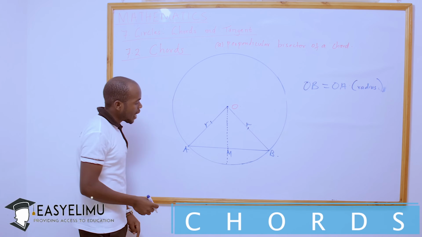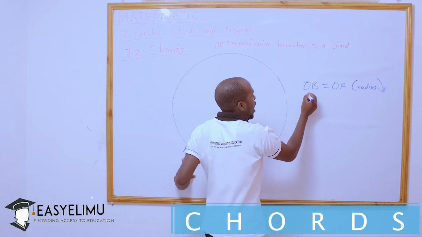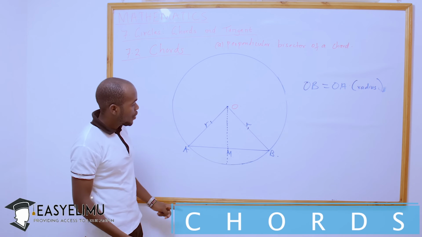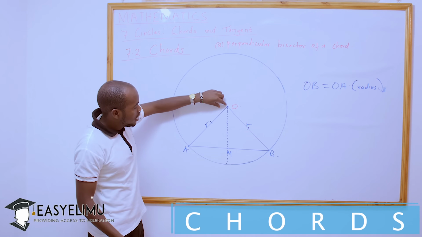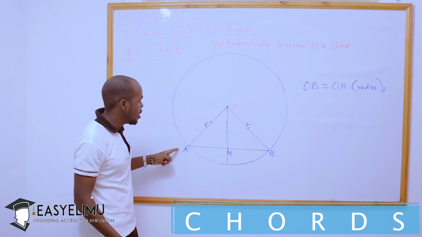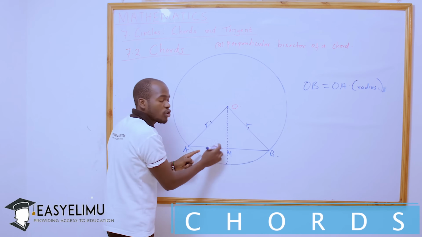And having that, we can identify that AB is our chord. But remember, we have this triangle OAB, which is the total triangle.